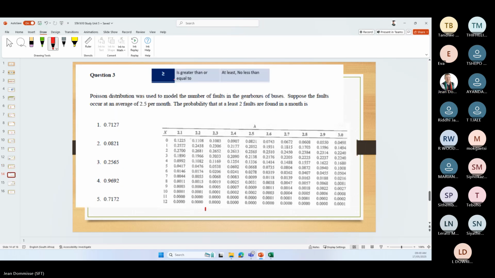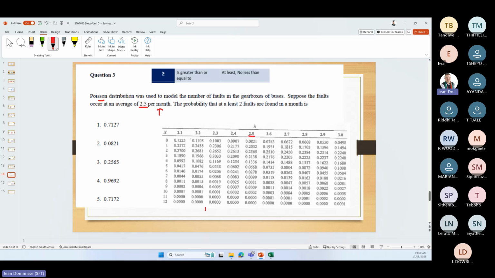Okay, so 2 more. I've included already here the table that we need to look at. Again, they tell us Poisson. Then they say, suppose the faults occur at an average of 2.5 per month. So again, you can see we bring in that timing aspect.